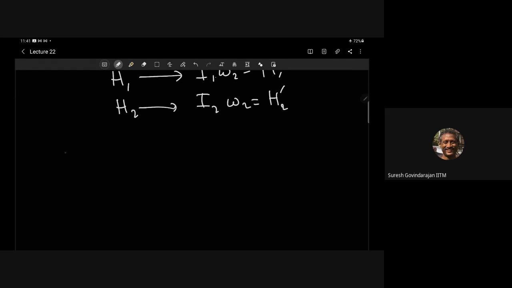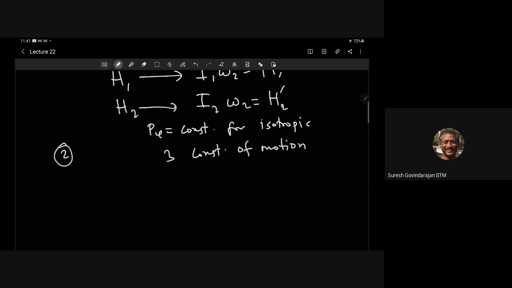Second point is that for the isotropic case, p phi is also constant. So we got three constants of motion. In four-dimensional phase space, if we can find 2n minus 1 constants of motion, what do you call such a system? H1, H2... integrable. Yeah, so super integrable.